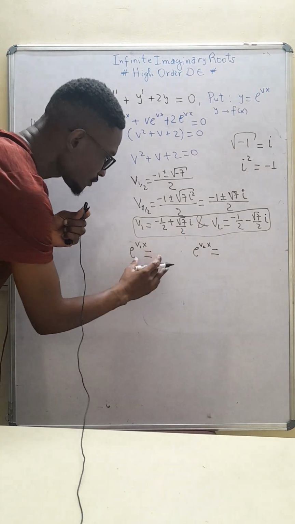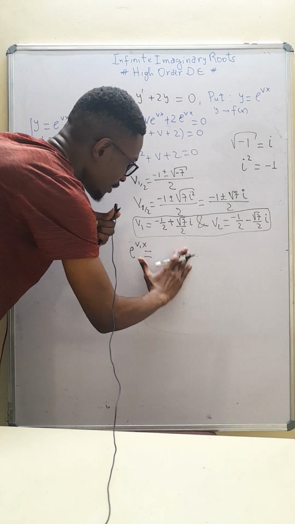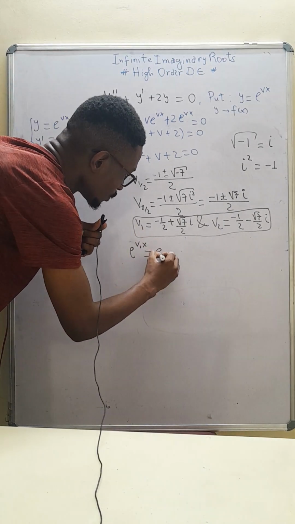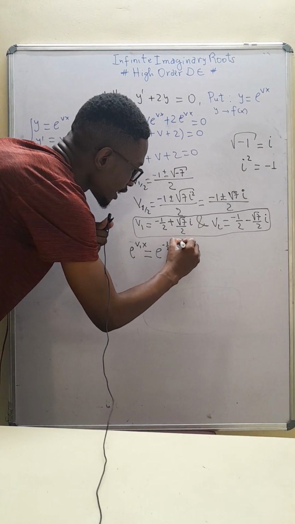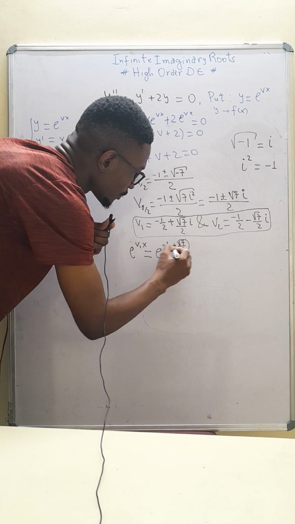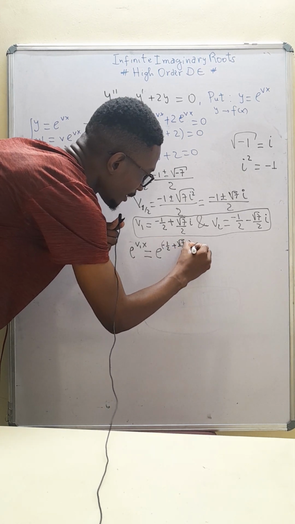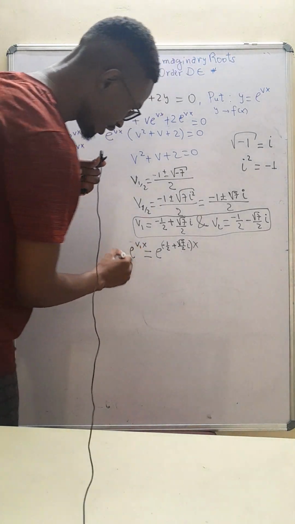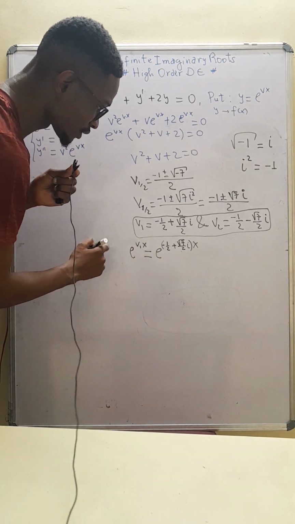I will first do this one. v1 is Euler's number raised to minus 1 by 2 plus root 7 by 2 times i, all multiplied by x. That's the equation, that's the point. This is for the first root.